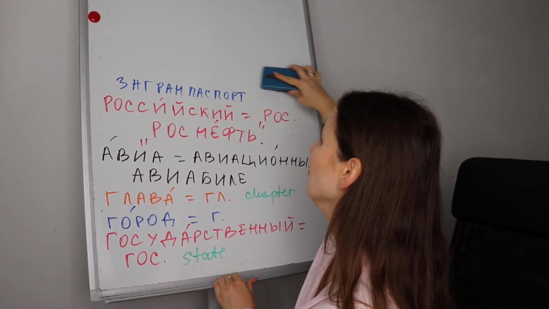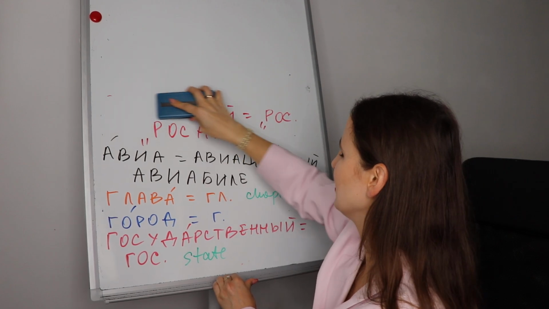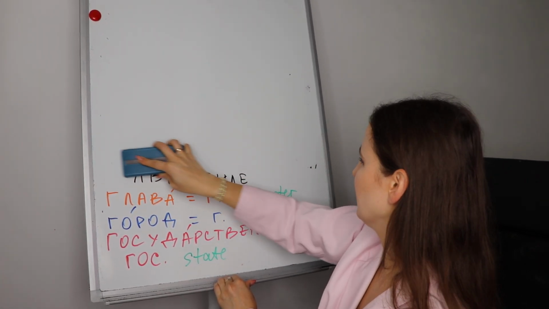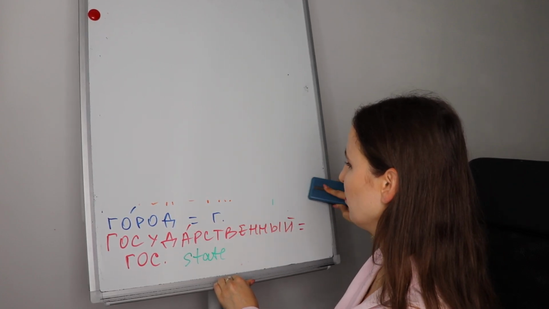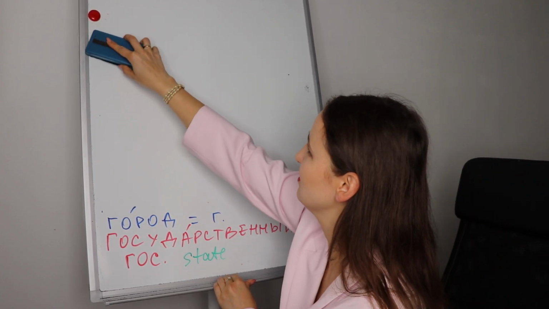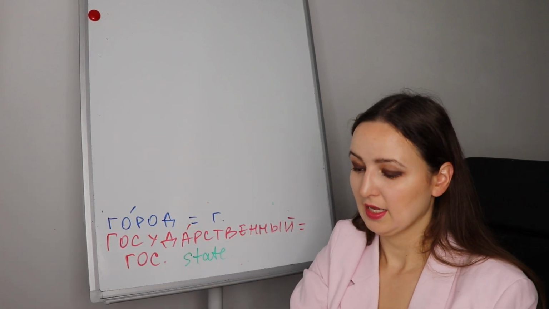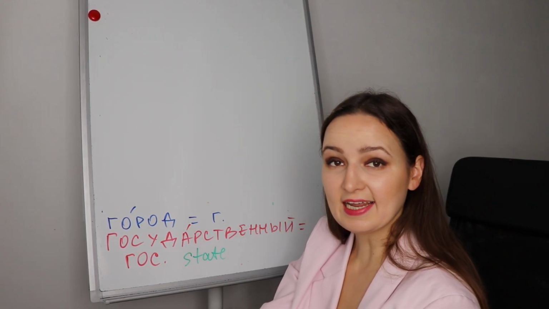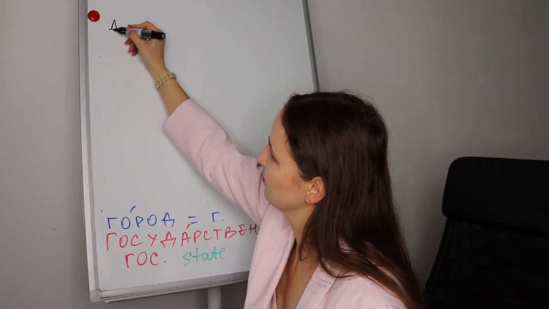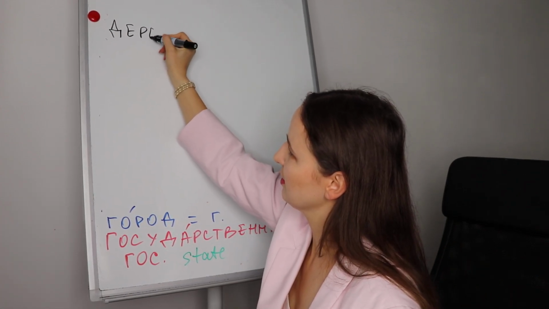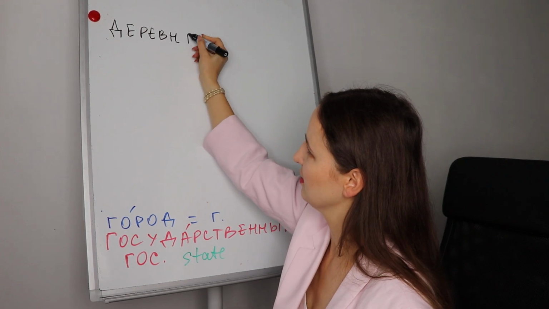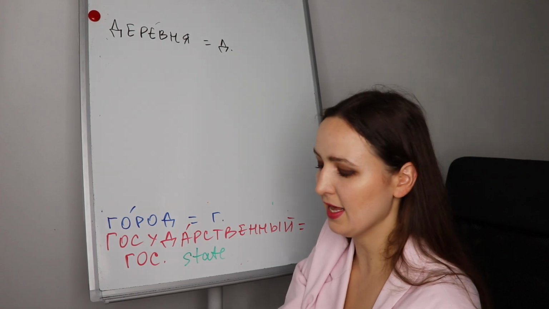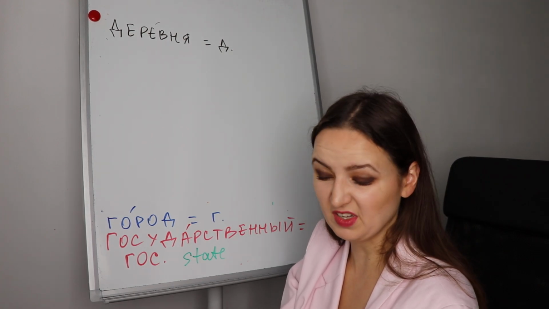I gathered only the most common abbreviations that I see almost every day in documents because I'm also a translator. Итак, пойдем дальше. Let's continue. Деревня, village. Деревня we will abbreviate with D and dot. Деревня, village.